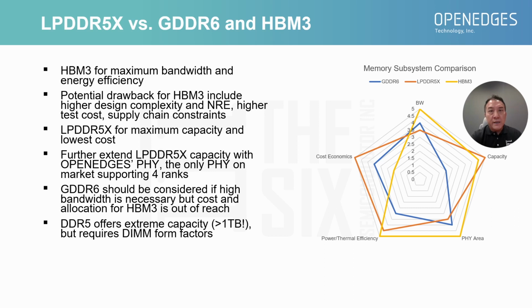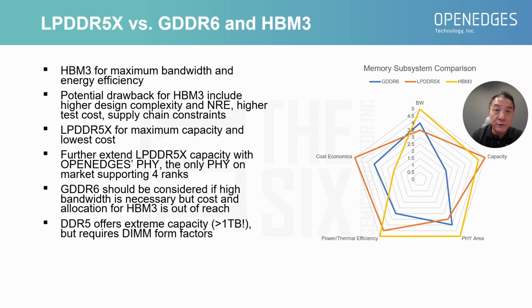Now, for those that are trying to determine the DRAM type to use for your SoC, let's look at and compare between LPDDR5X, GDDR6, and HBM3 at a high level. Overall, looking from spec perspective, HBM3 represents the DRAM of choice for maximum bandwidth and energy efficiency.